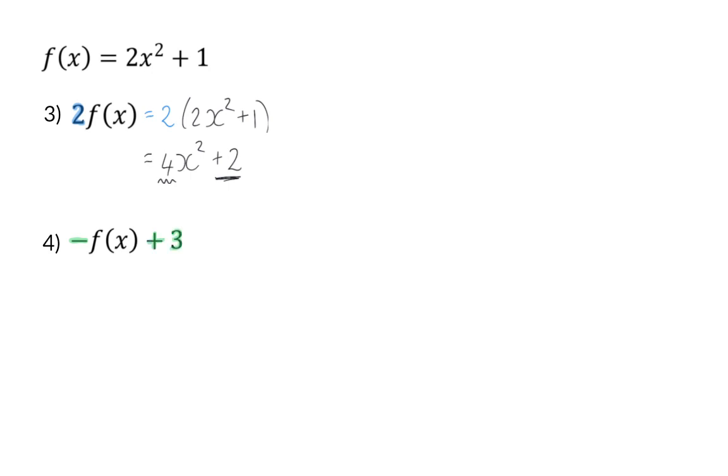So when determining the equation of the newly formed function, the whole equation has to be multiplied by a minus, and then after that, 3 should also be added to the equation. So the new equation will be minus 2x squared minus 1 plus 3, and finally then minus 2x squared plus 2.